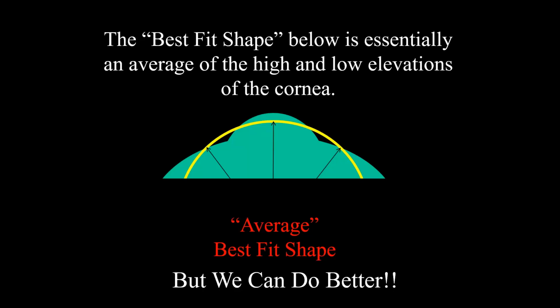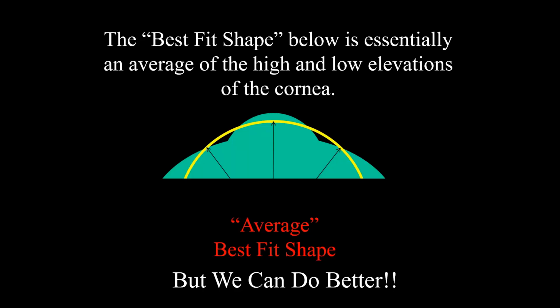Now, eyes with keratoconus, as we know, have an ectatic region, and as we get closer to the periphery, the shape normalizes. So if you have a best fit shape to this schematic, what we're looking for is the area that sticks above the yellow best fit sphere, and we call that a positive island of elevation.